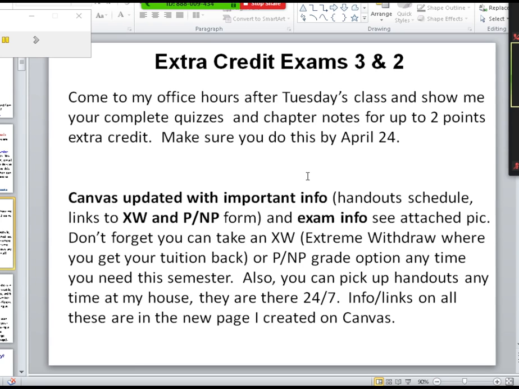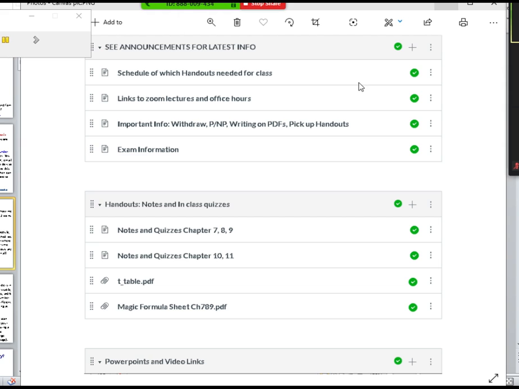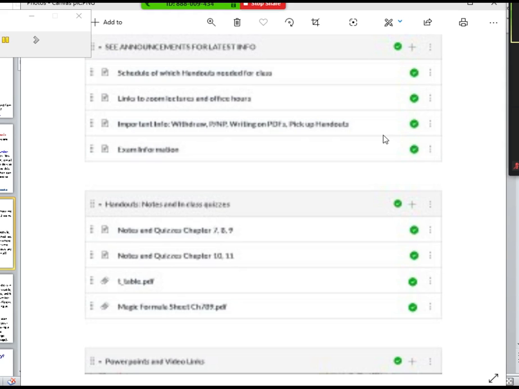Canvas updated with importance and... So I kind of redid Canvas because people had some questions about when do I need which handouts?